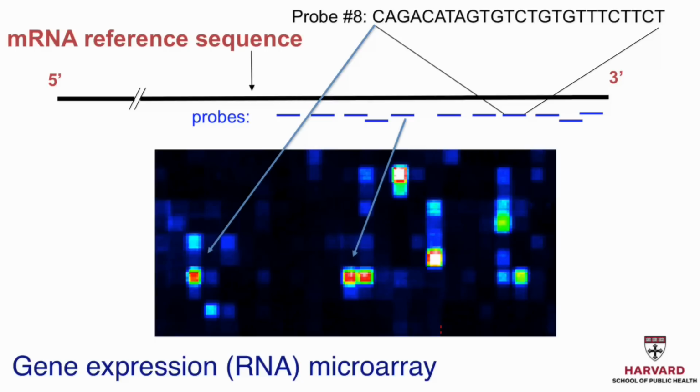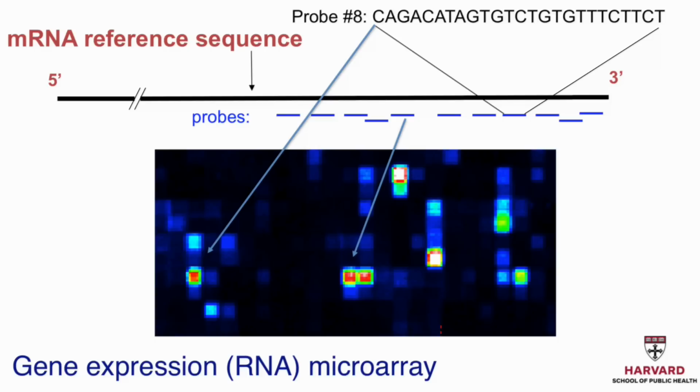You label RNA, you put it on the array, and if this particular transcript is abundant, there'll be many copies of it, and you'll get a lot of hybridization. So there'll be a lot of label on each one of the 11 probes. So you can see them here. I'm showing you in this cartoon one specific probe that is represented by a little square, and you can see that it's pretty bright.